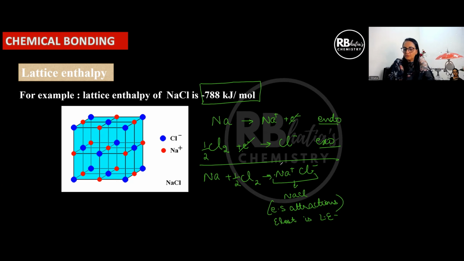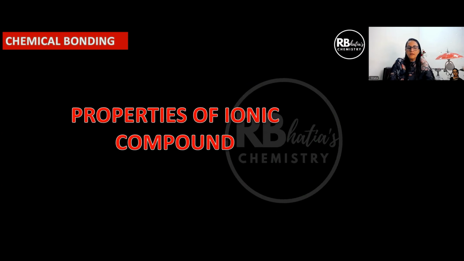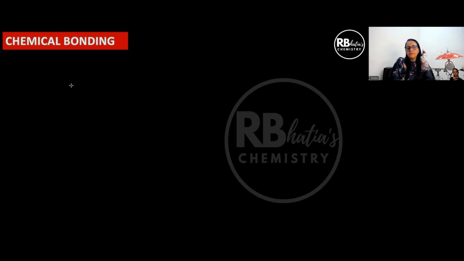That means after sodium ions and chloride ions are formed, for them to come closer and form this crystal lattice, the energy released is going to be minus 788 kilojoule per mole. Okay, so I'll summarize to make it clearer to you. So what have we talked of?